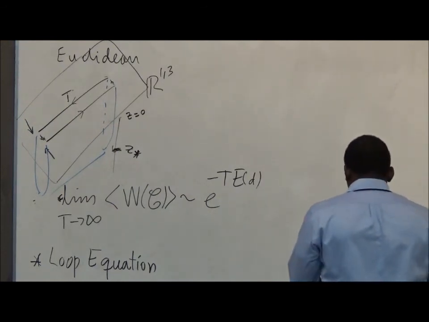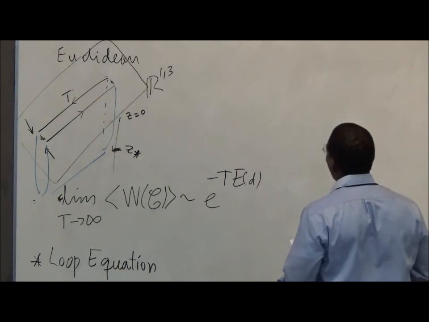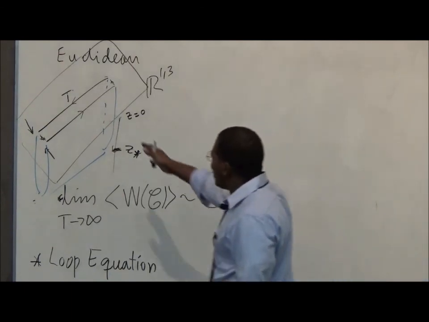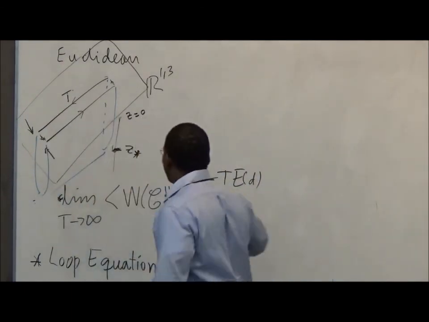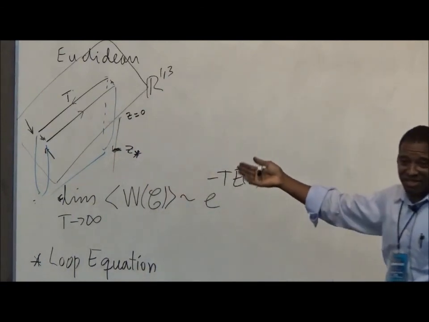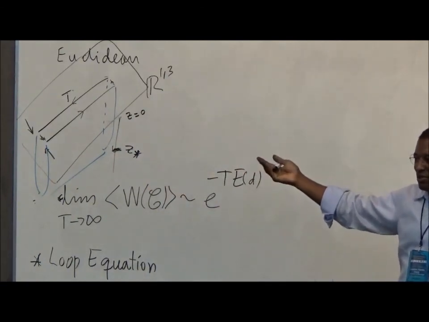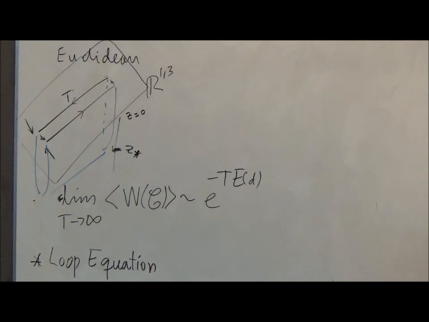Okay, so now I said I want to consider a string, and as you can see, I have some surface, so the natural thing is to find that surface. And how should I find that surface? By minimizing the Nambu-Goto action.